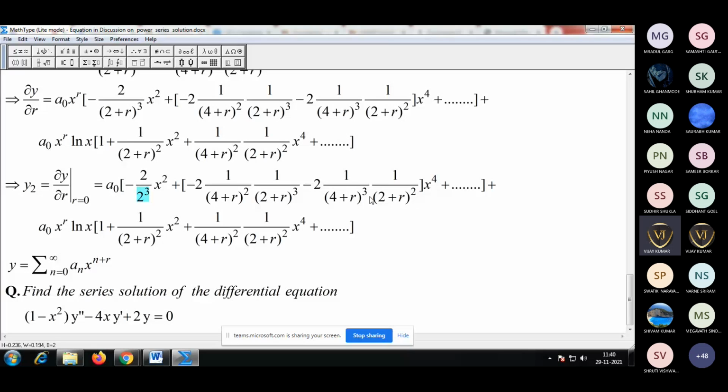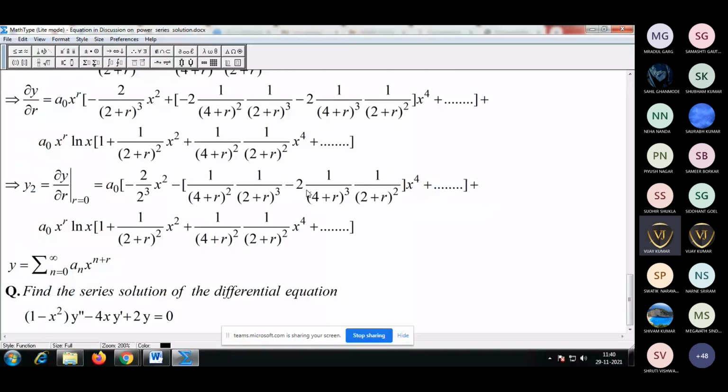I think we may simplify it, but I'm not going to simplify it. You all may think. Minus 2 can be taken common outside, and this is going to become plus.